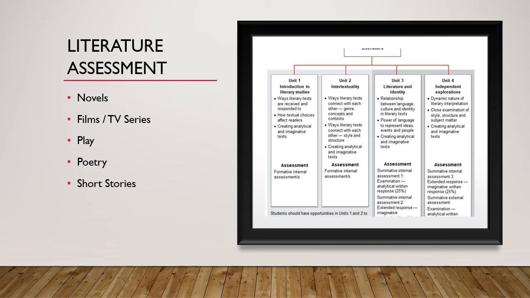There are greater demands of ownership of work. For example, the imaginative writing component has a demand of a 1,500 to 2,000 word essay. One significant difference from general is there is no persuasive assessment studied.